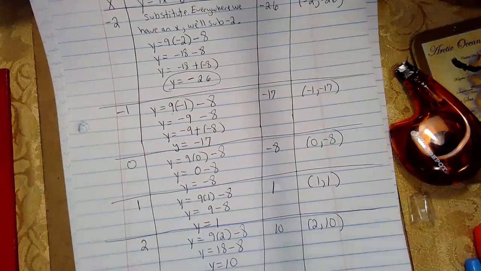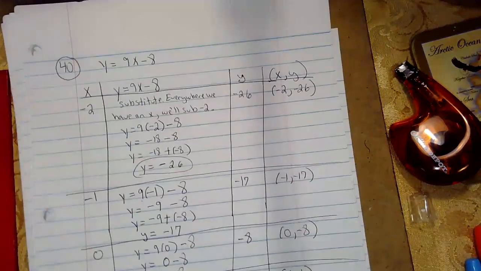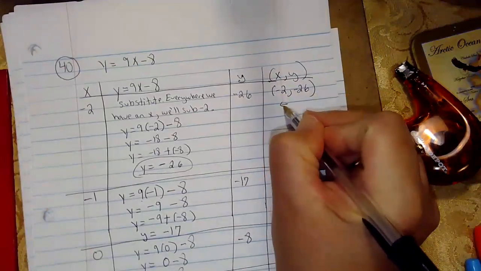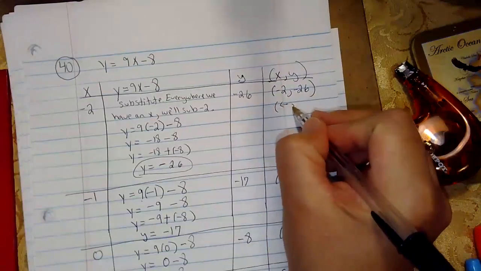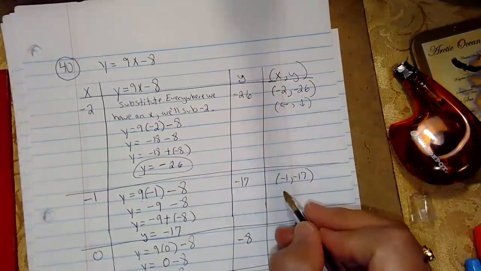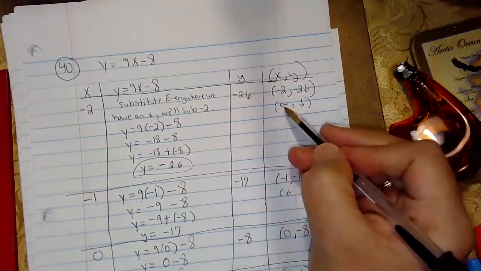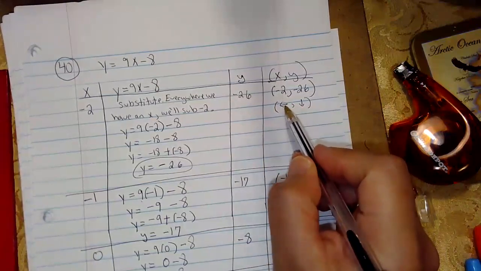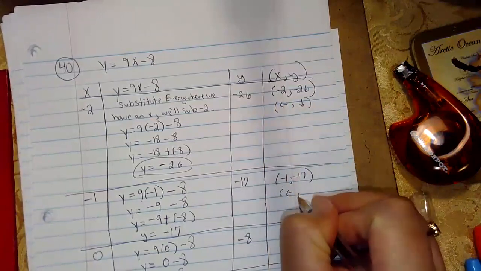Yeah, and they didn't ask us to graph this. They just said complete the table. But if you were to graph this, you'd start at 0, 0, and for x you'd move right or left, hold your pencil, and then you'd move up or down, and then plot your point. For -2, you move to the left, and then you move down.